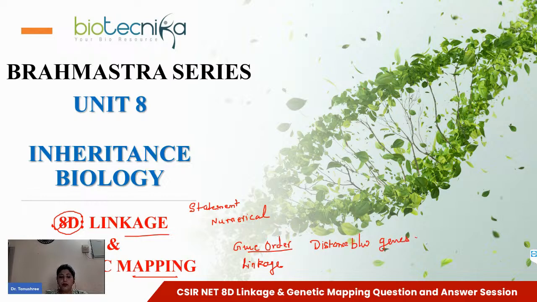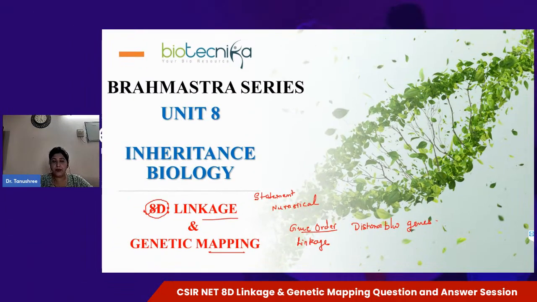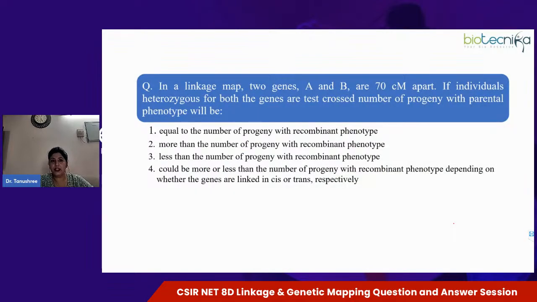Even from subunit 8D, the questions are sometimes asked on tetrad analysis, and also on physical mapping, either based on the deletion mapping method or somatic cell hybridization based method. So today particularly we will be discussing questions from these two topics from unit 8D, that is linkage and genetic mapping. So let's start with the questions.